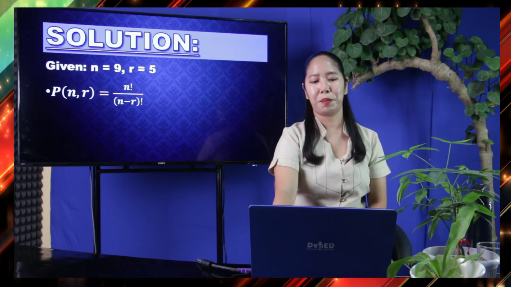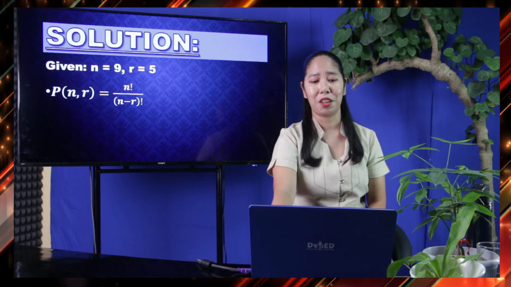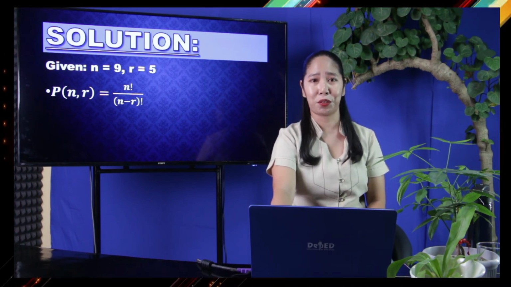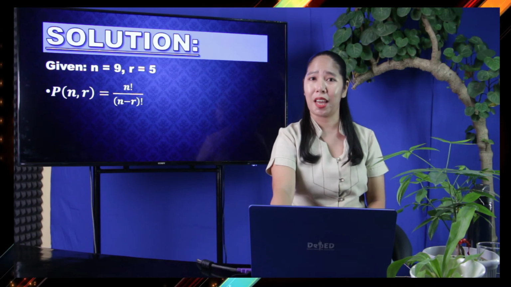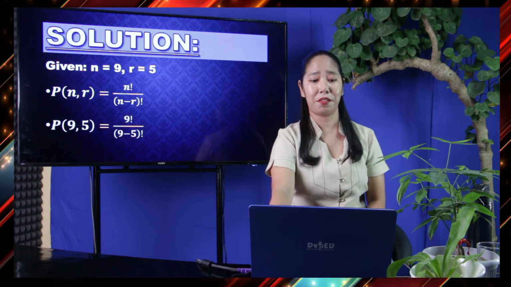Okay, time is up. For the given, our n is 9 since there are 9 different English books, and r is 5 since only 5 books are enough for the shelf. So, the permutation of n objects taken r at a time equals n factorial over quantity n minus r factorial. Replace the values of n and r by 9 and 5 respectively.